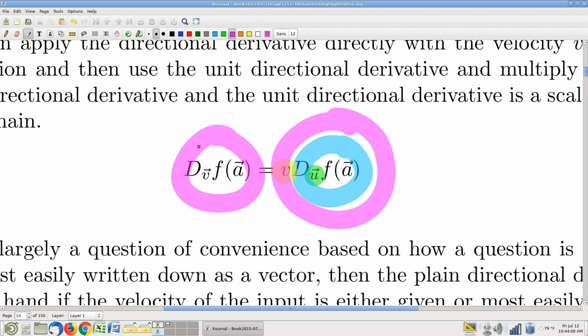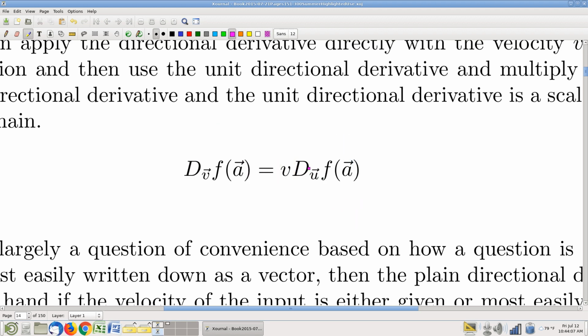Now, I am going to show you some examples where one or the other of these is actually easier to do. Sometimes the unit directional derivative is easier to compute. And if that's the case, then by all means, unitize.